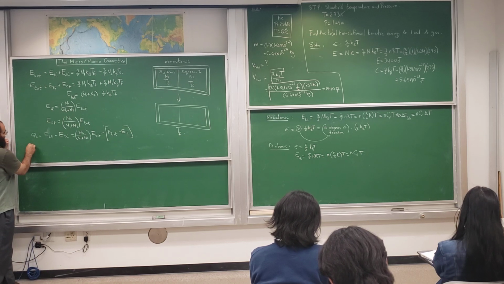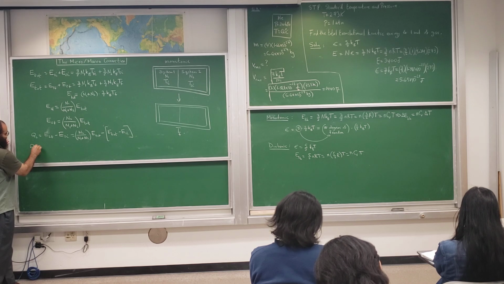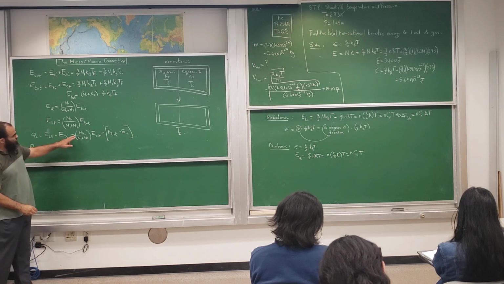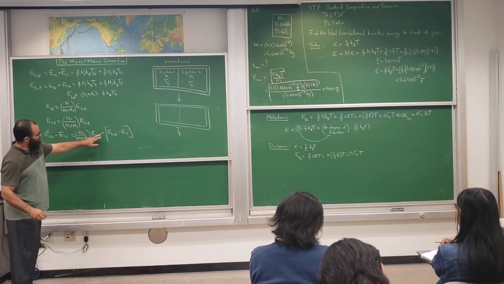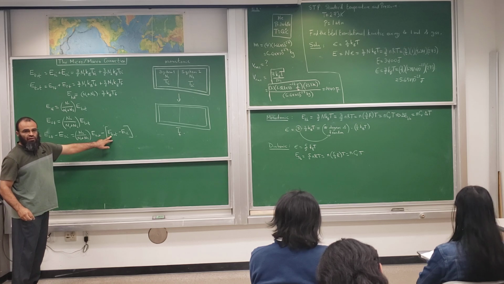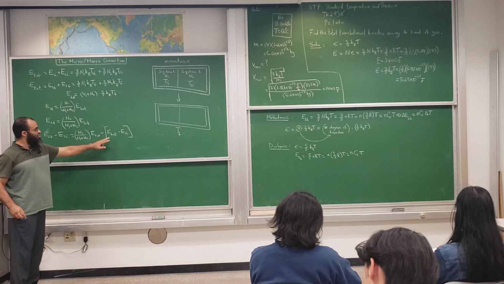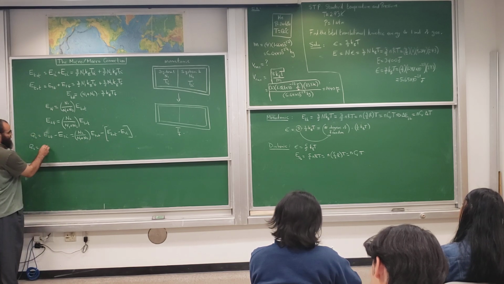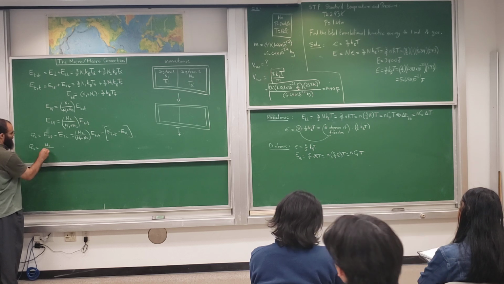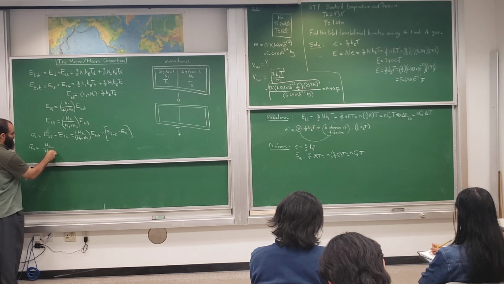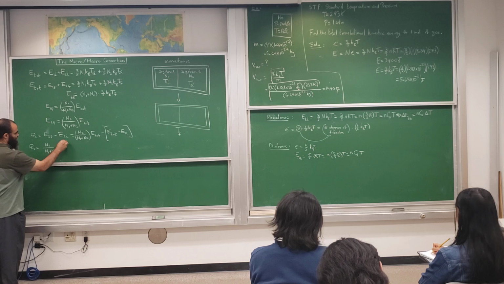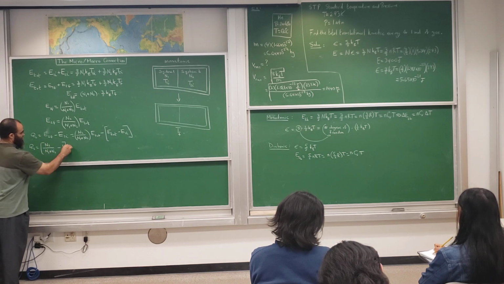We're going to continue with this. So Q2 is N2 over N1 plus N2 times E total minus E total plus E1 initial. You can factor E total and you get N2 over N1 plus N2 minus 1 times E total.